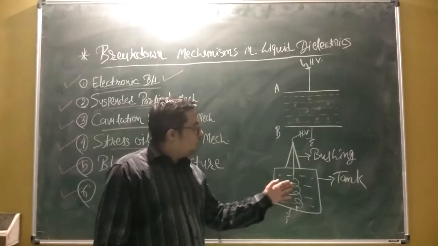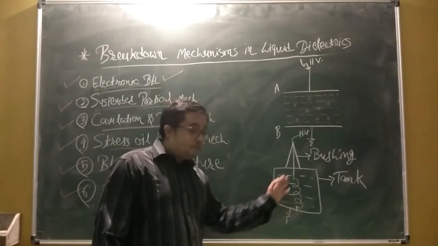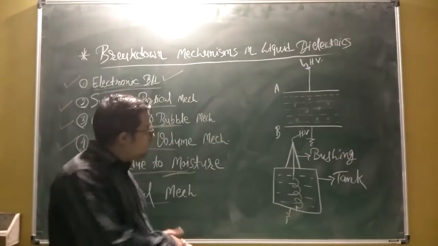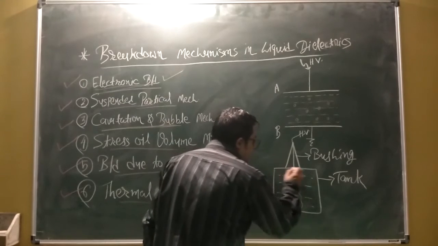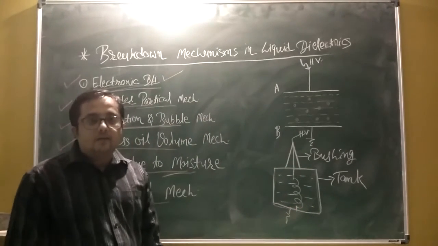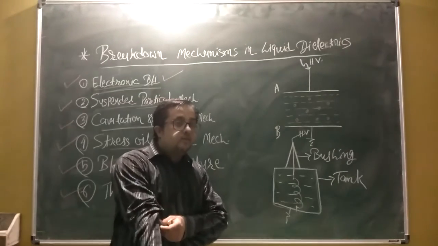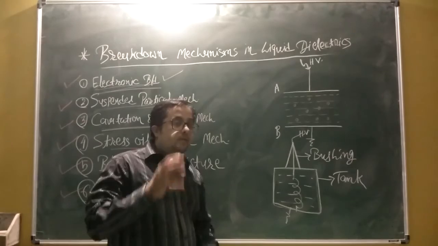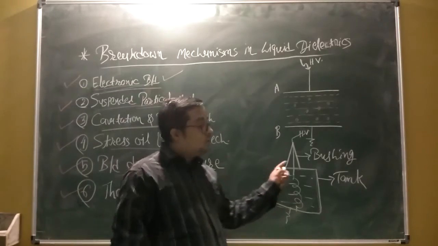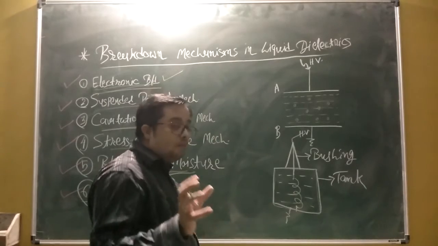So different types of materials are used. Then the tank of the transformer is made of a metallic material.